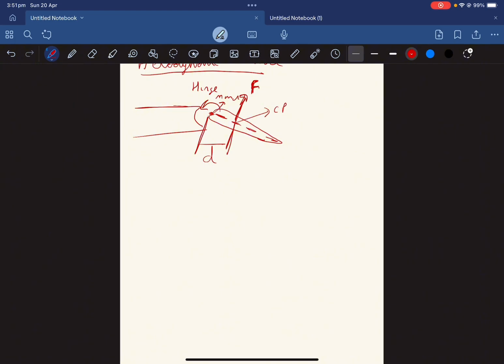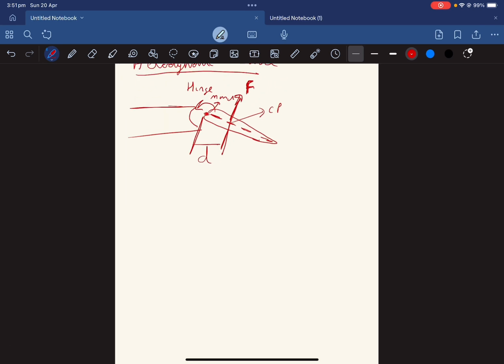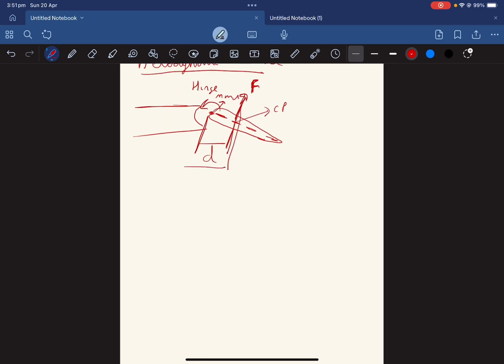There's going to be a moment called the hinge moment, the product of the distance between your CP and the hinge line. So you have to give enough moment to oppose this hinge moment.